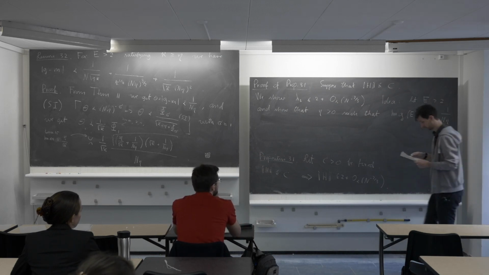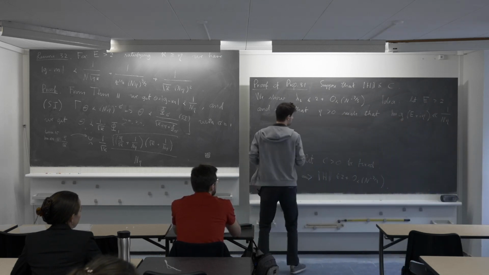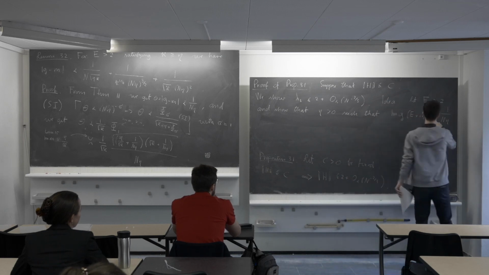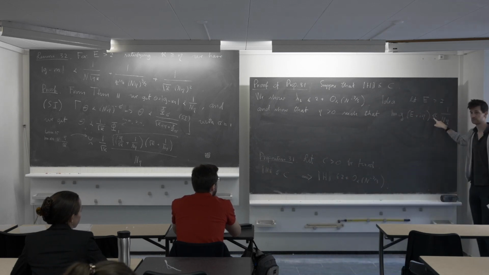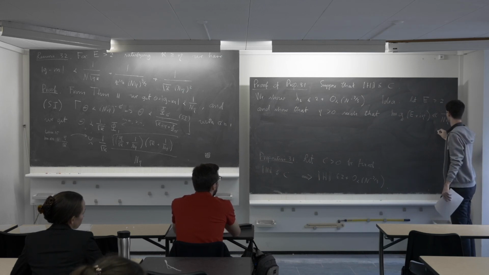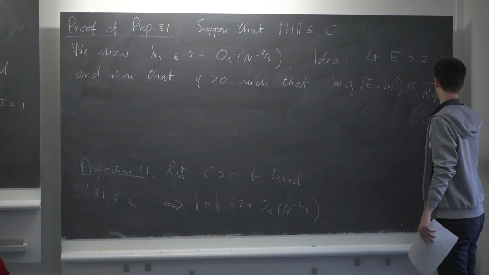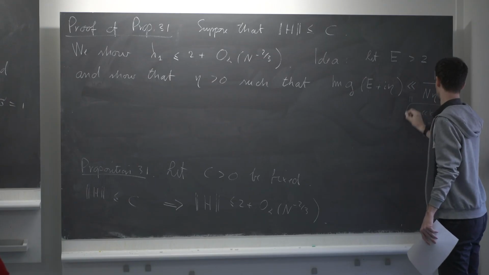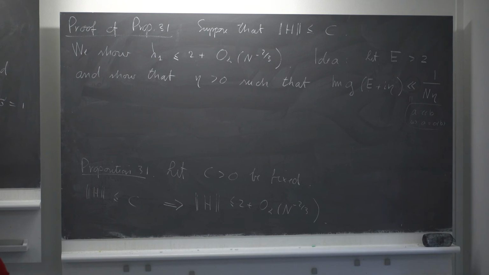Why is that? So this is a heuristic discussion, so I use this symbol to be much less than. So A much less than B means A is little o of B. I only use this symbol in these heuristic discussions. In practice, we always have quantitative factors of n to the epsilon and so on.